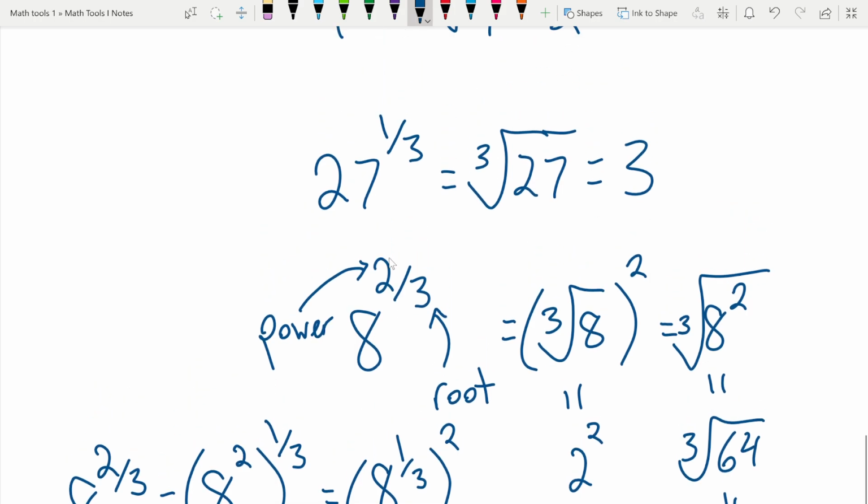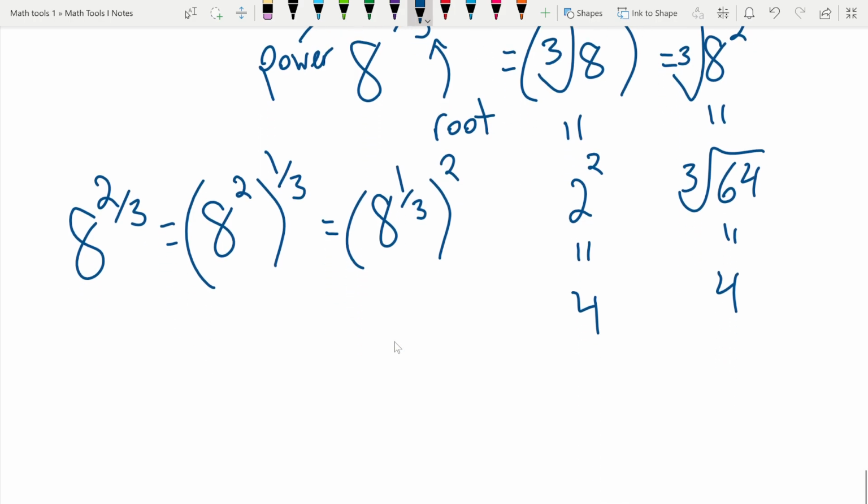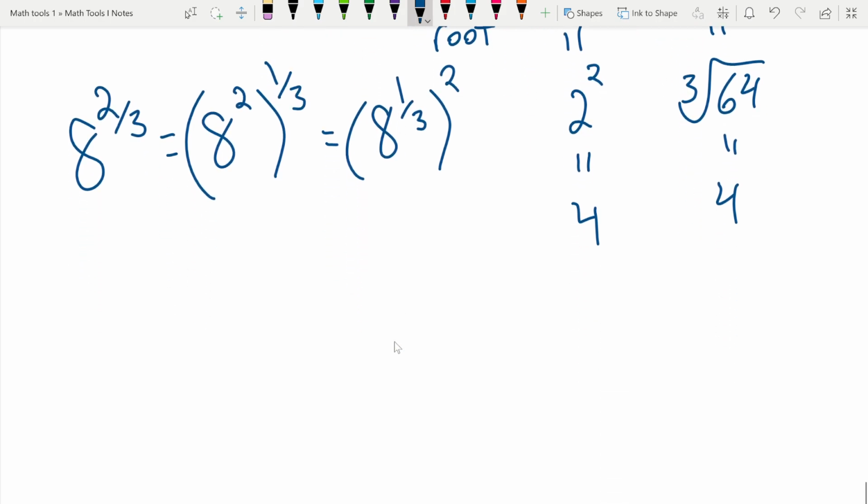So it might be a good idea just to practice on things like this. I'll write one down here.